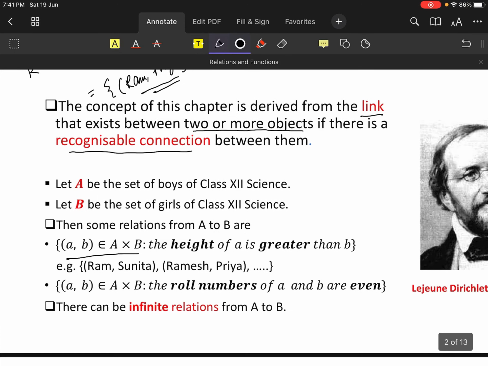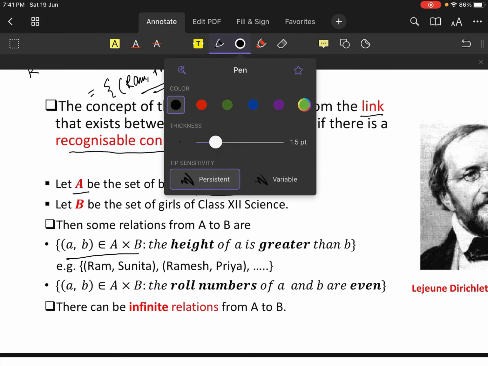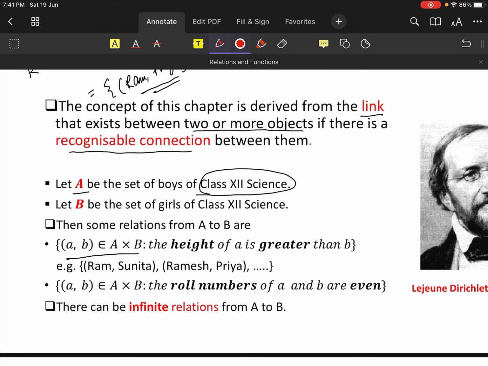So when we say that capital A is the set of boys of class 12 science, we take only the boys of class 12 science. Right now there are boys of different classes, class 9, class 10, class 8. We are not going to take them.